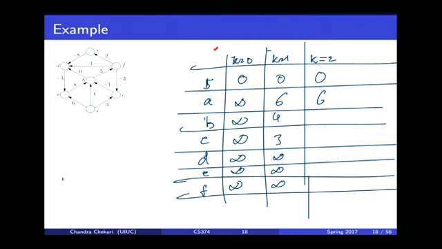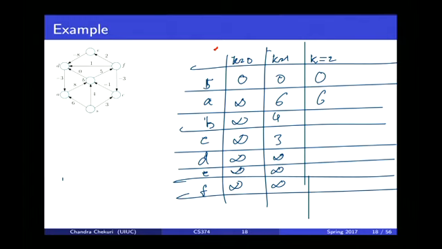What about B though? d_B(2) is what? Either it's the min of d_B(1), which is 4, or you can also get to B from C. If I want to get from S to B using at most 2 edges, I can go from S to C using at most 1 edge, that is 3, and then I can take this edge, so I get 2.